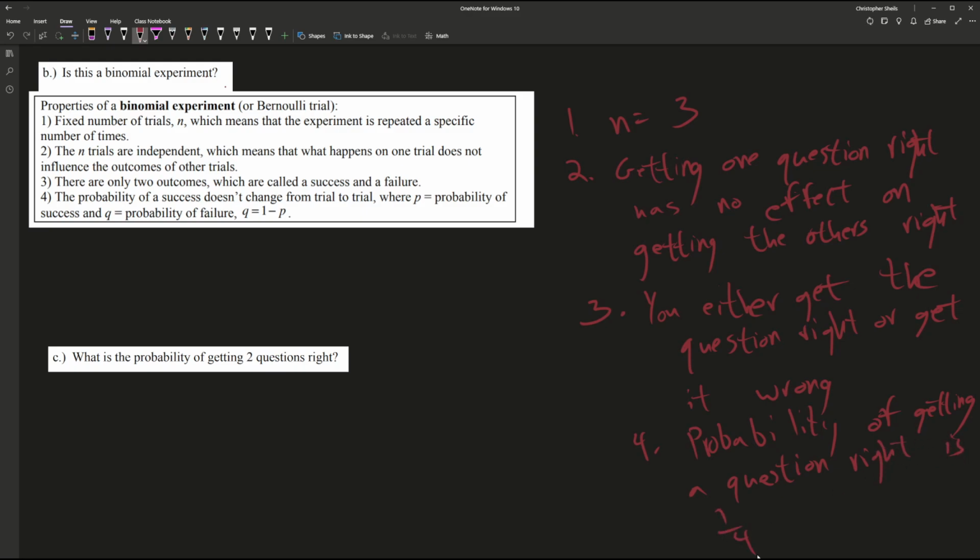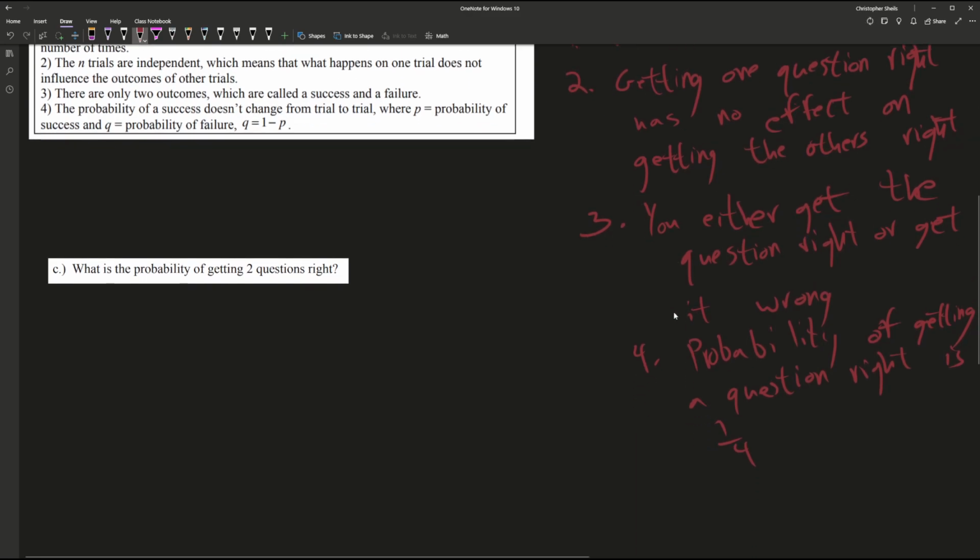So the probability of success here is P, which is 1 out of 4. And Q is 1 minus this, which is 3 out of 4. So we have all of these properties that are met. So this is a binomial experiment.